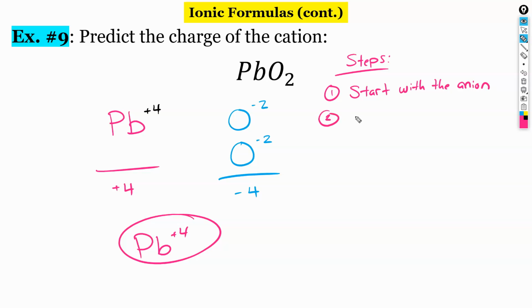Step 2 is determine the charge of the anion. Step 3, use the formula and the anion to figure out the charge of the cation. So kind of the algebra that we did earlier.